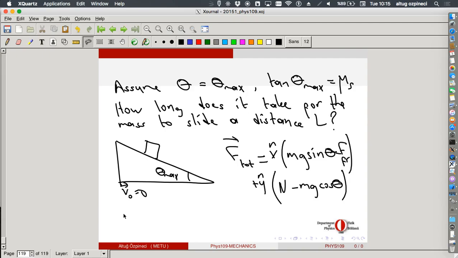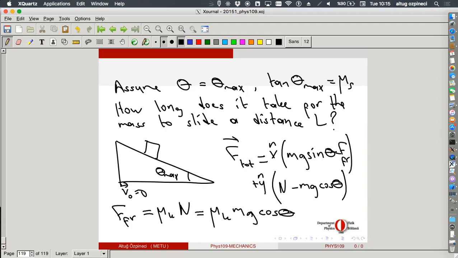This is still valid. Furthermore, we now know that since the friction is kinetic friction, this F friction is mu k times n, or mu k times mg cosine theta. Because we already know that since my object is not accelerating in the y direction, the y component of the force should be 0.